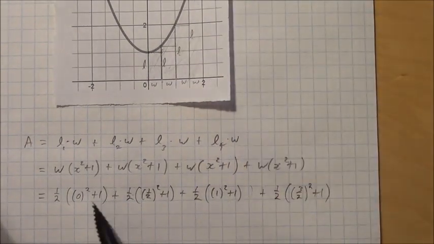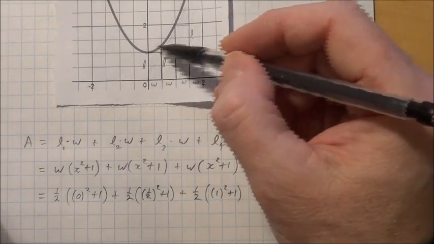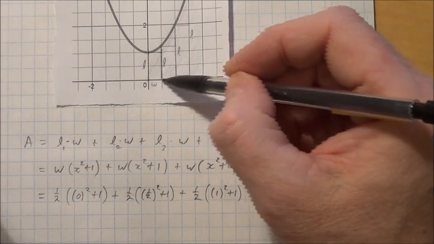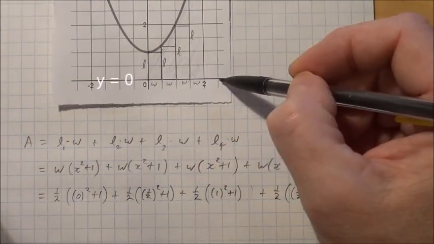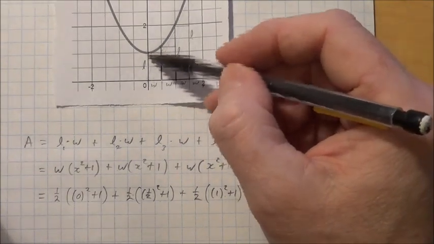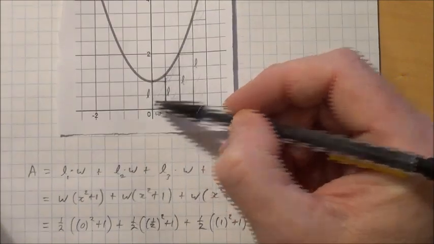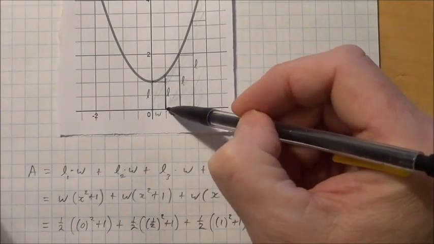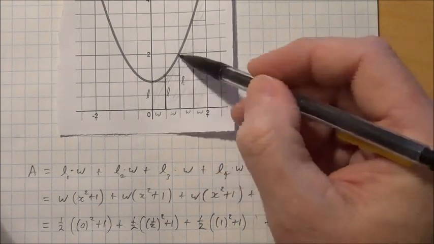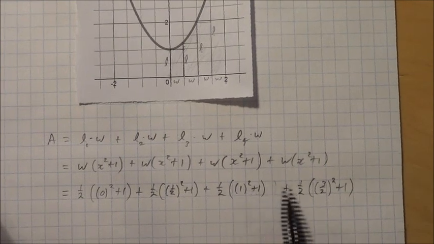The reason why all these lengths are just the y value of this function is because we're comparing it to the x-axis, and that of course is where y equals 0. So the distance between here and here is this y value minus this y value, which is 0. And L2 is this y value minus this y value, which is of course 0, so it's that minus 0. So that's why we end up getting all these y values as we calculate here.